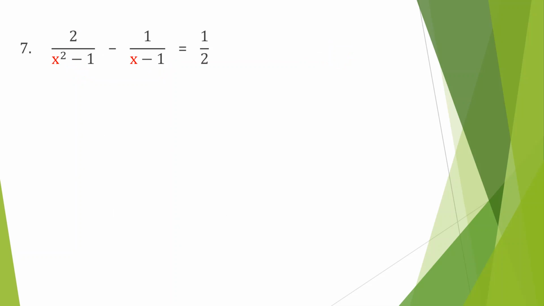Number 7, we have 2 over x squared minus 1 minus 1 over x minus 1 is equal to 1/2. Take note that x squared minus 1 is a difference of two squares, and this is equal to x plus 1 multiplied by x minus 1.